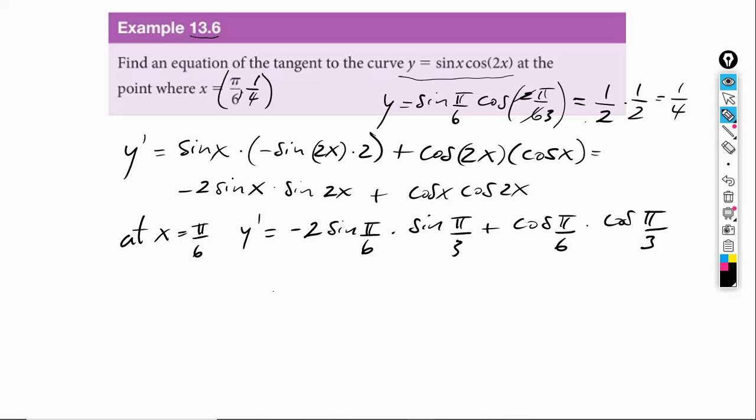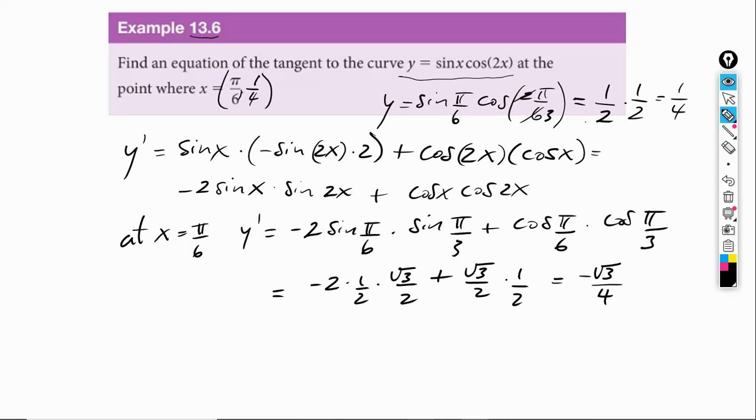Okay, then this is going to equal minus 2 times 1/2 times square root of 3 over 2 plus square root of 3 over 2 times 1/2. And notice that all this should give me negative square root of 3 over 4. Okay, so then that is the slope at the point of tangency.